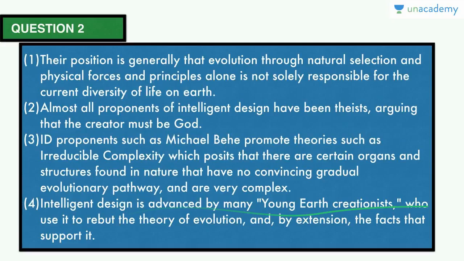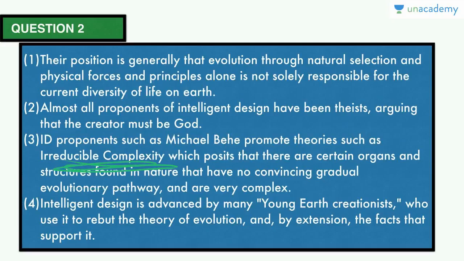So we are talking about intelligent design theory. We're not talking about irreducible complexity theory. So this is adding an extra dimension to the whole paragraph by introducing this new theory, that it is not the intelligent design theory or something that is positing that certain organs are found in nature that have no convincing gradual evolutionary pathway.